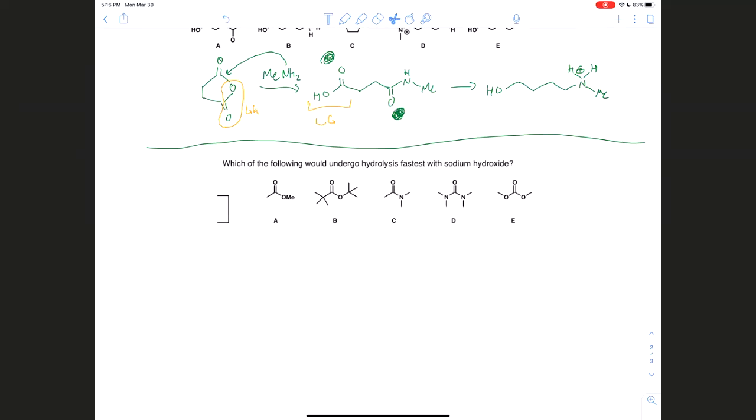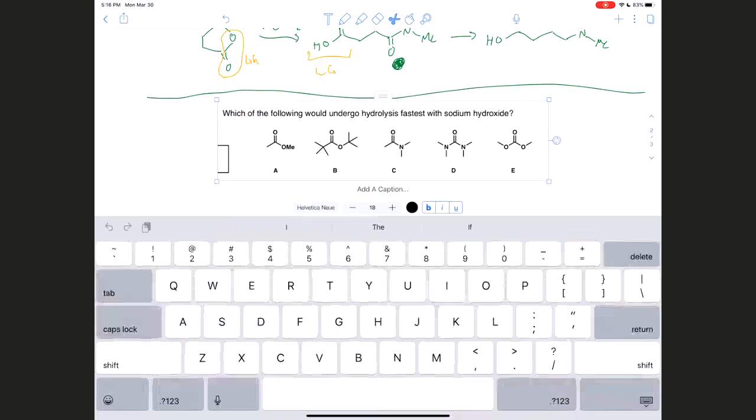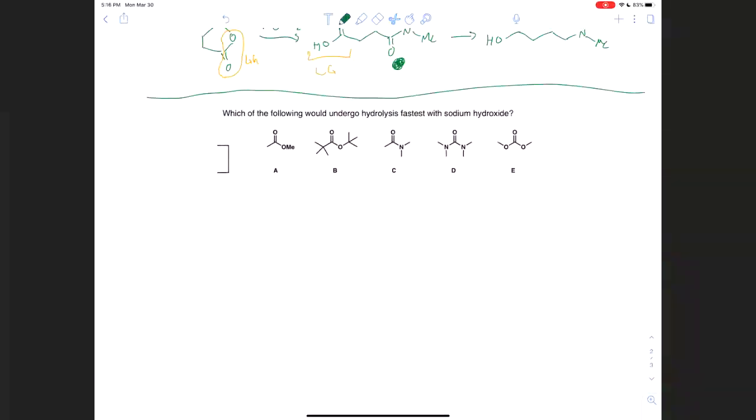Okay, comparing between option A and E is the question. Sorry, I was looking at something else.